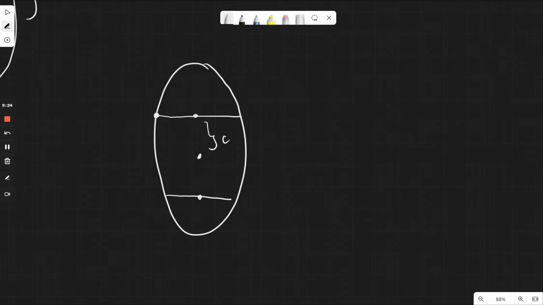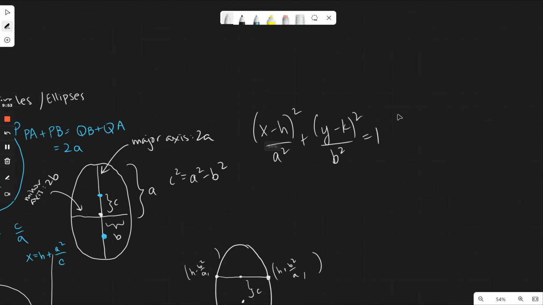But if we were to find the x-coordinates of their endpoints, this one would be h minus b squared over a as the x-coordinate, and then the x-coordinate here would be h plus b squared over a because it's to the right. But usually what I do if I'm trying to find the endpoints is I'll just plug into this standard form equation.